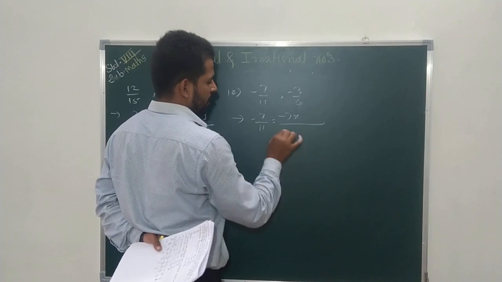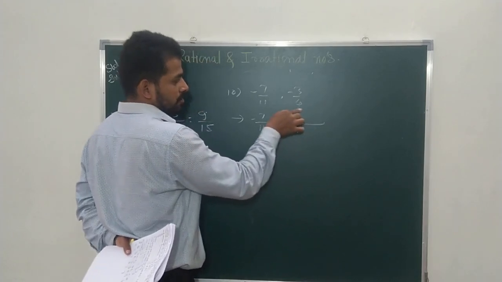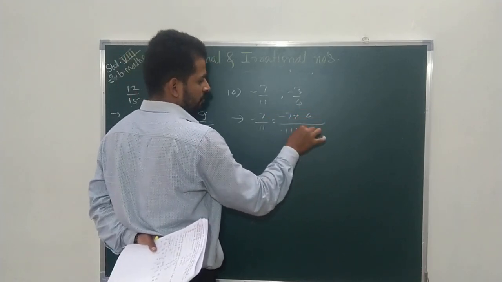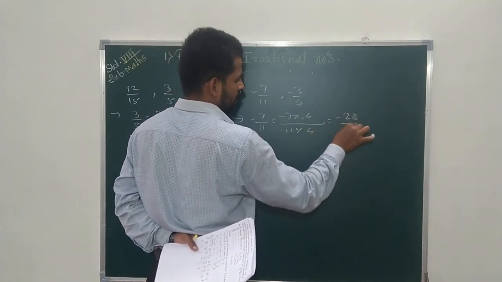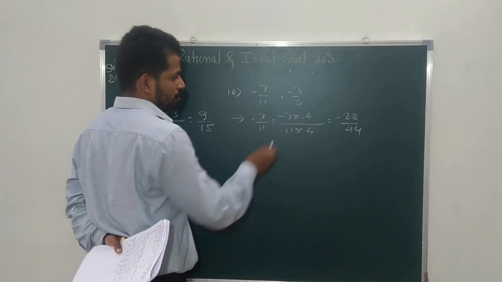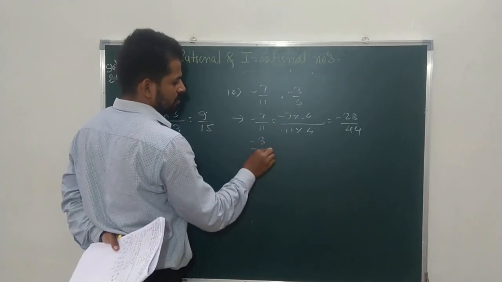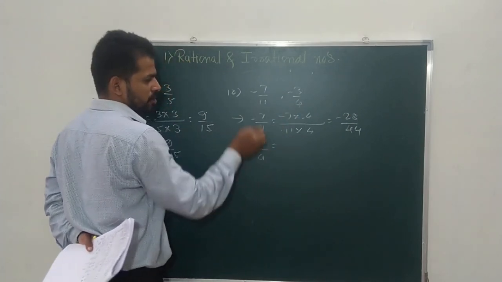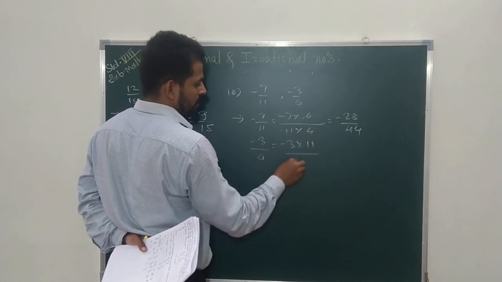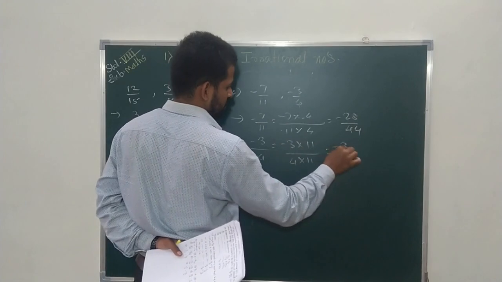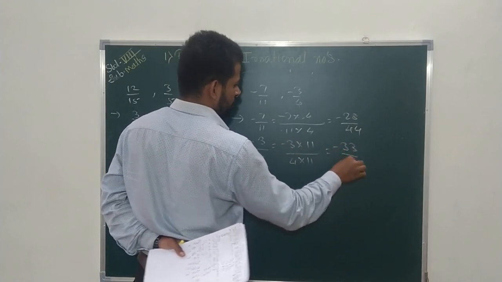Minus 7 multiplied by 4, the denominator of the second one, is minus 28, and 11 4s are 44. And then in the second one we multiply by the first denominator: minus 3 multiplied by 11 and 4 multiplied by 11, that is minus 33 upon 44.